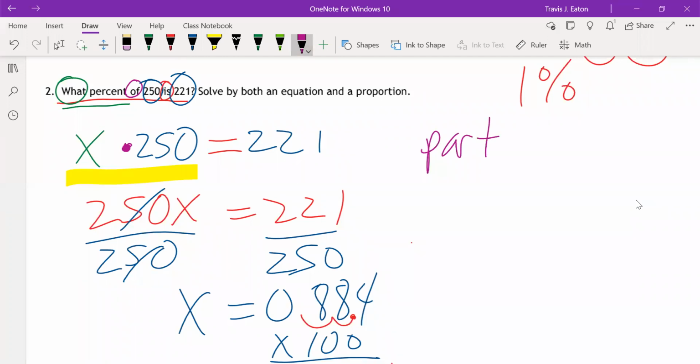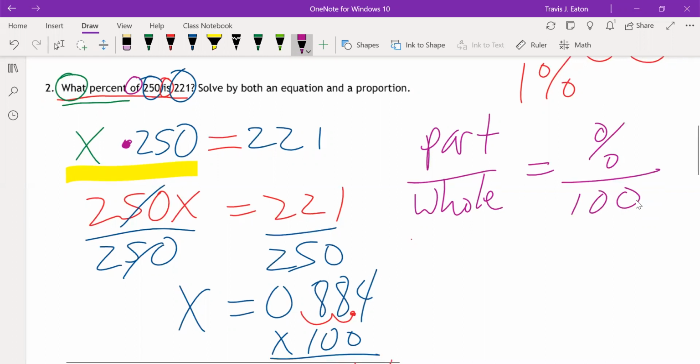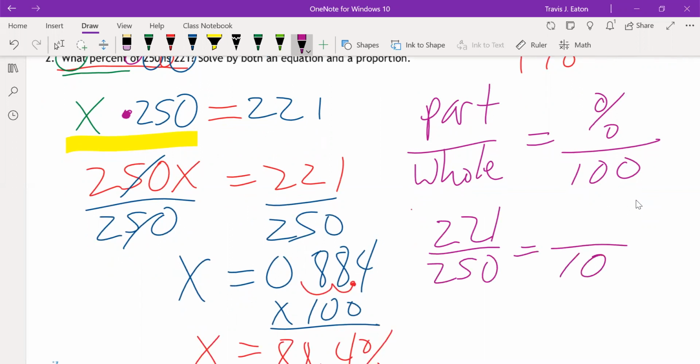You're always going to have a part and a whole, because that's going to be your percent out of your 100. In this case, our part was 221 out of 250, and that's going to be related to our 100 out of our x. We're looking for that. What percent is that?